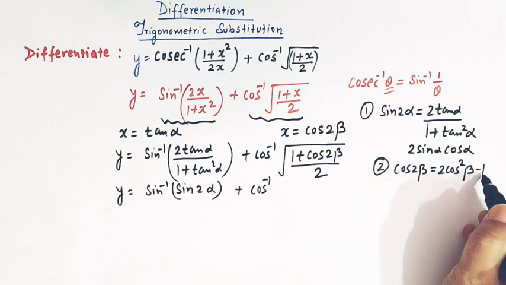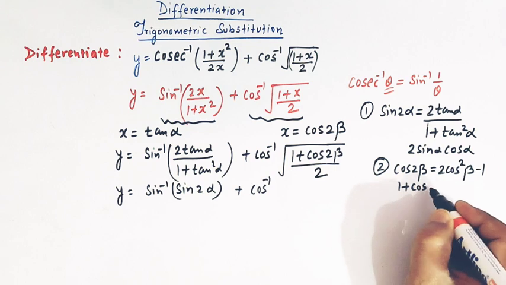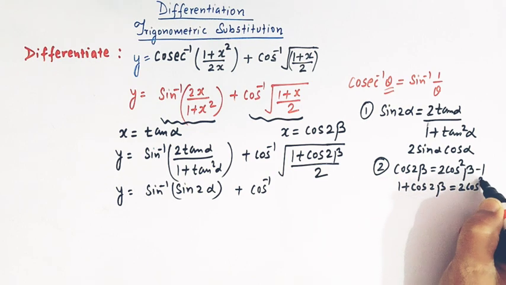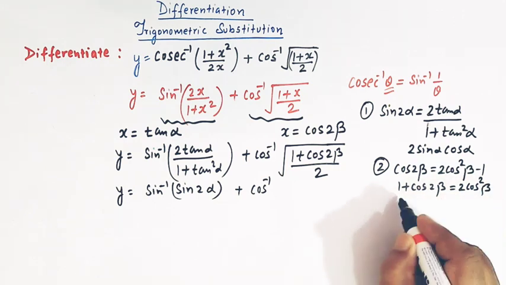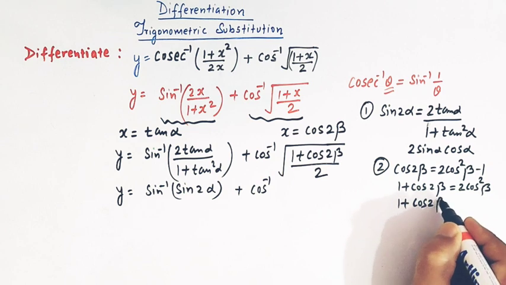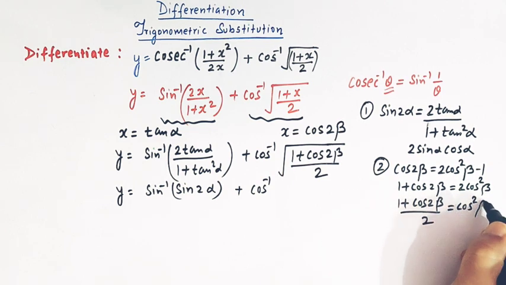If we take minus 1 to this side, we have 1 plus cos 2 beta is equal to 2 cos square beta, and dividing both sides by 2, we have (1 plus cos 2 beta) divided by 2 is equal to cos square beta, right?